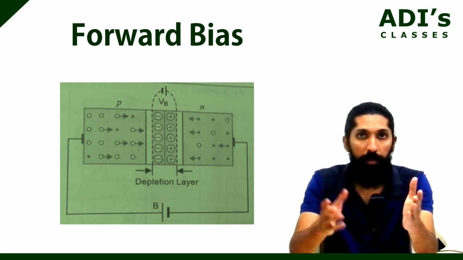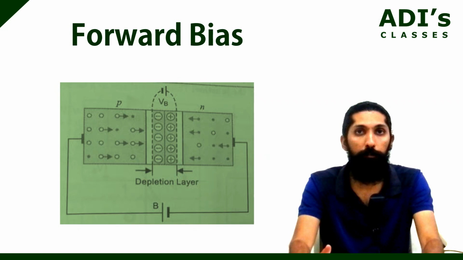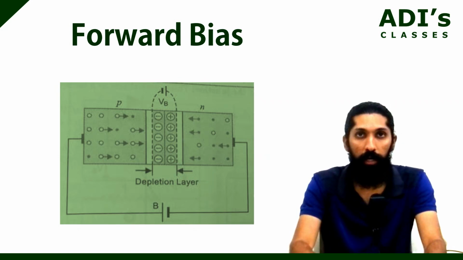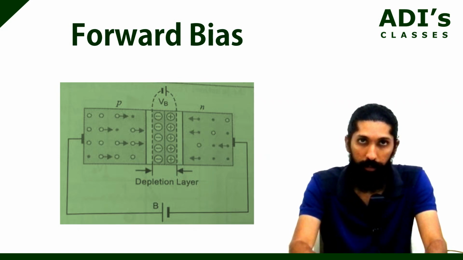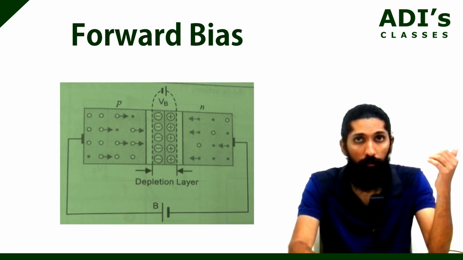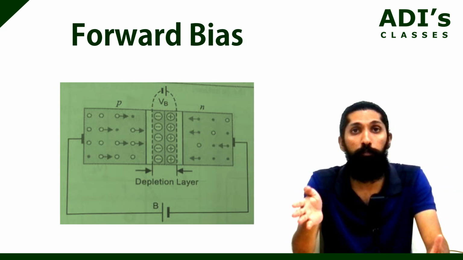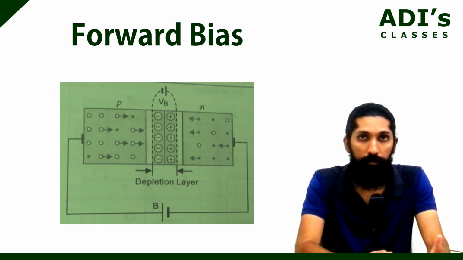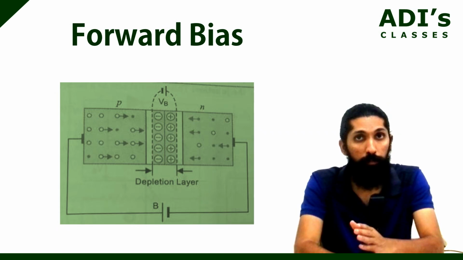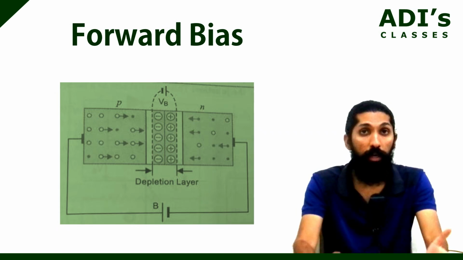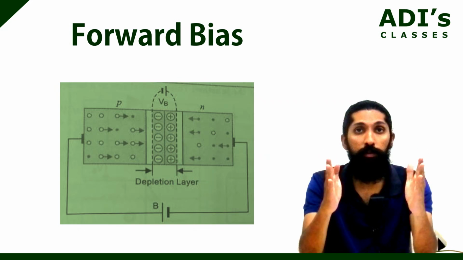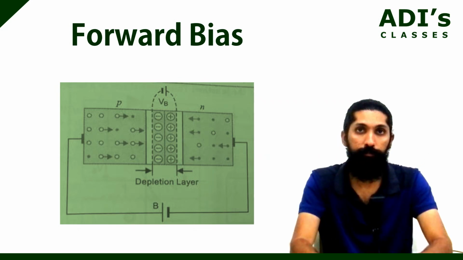P type has more holes, N type has more electrons, correct? Now when P type is connected to positive, the holes are pushed away from the battery and electrons are pushed away from the battery. In the sense, both of them will move towards each other.